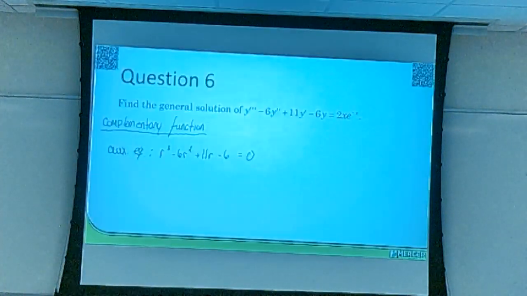And so remember, when you're solving for the complementary, you're looking at the homogeneous component. Can we easily factor that? I don't think you can. Oh, isn't that a bummer?